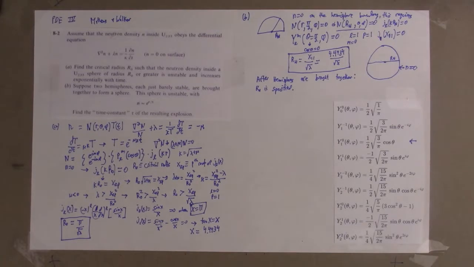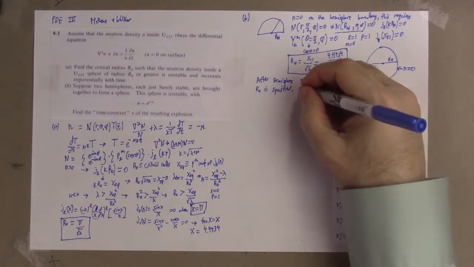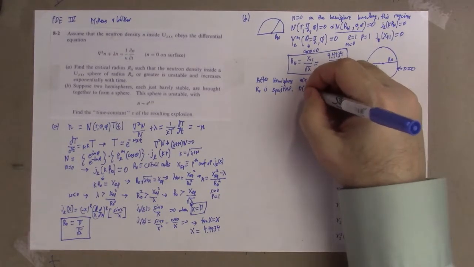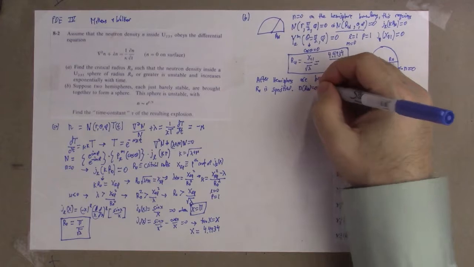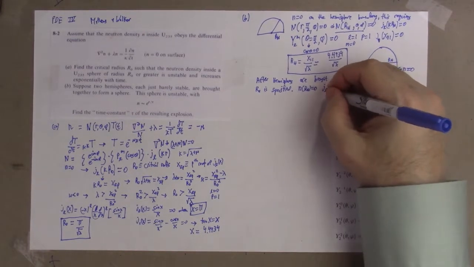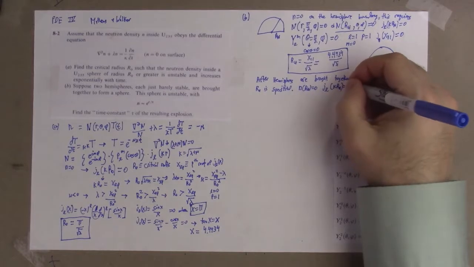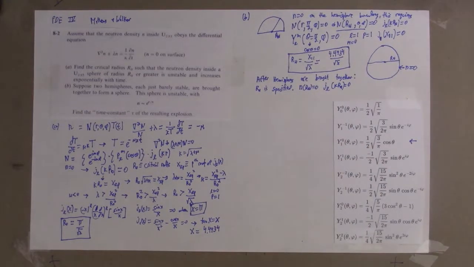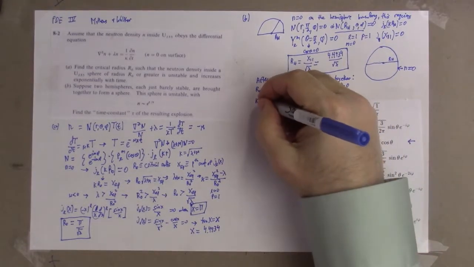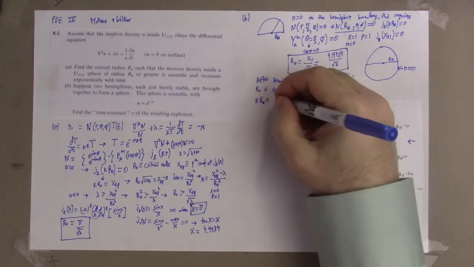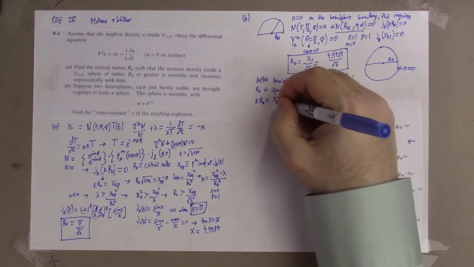So as before, we have n(RH) equals 0, J_L(kRH) equals 0, kRH equal to X_LP.